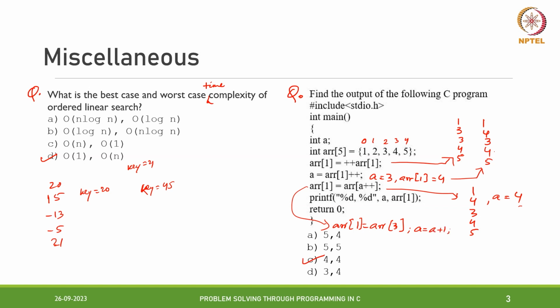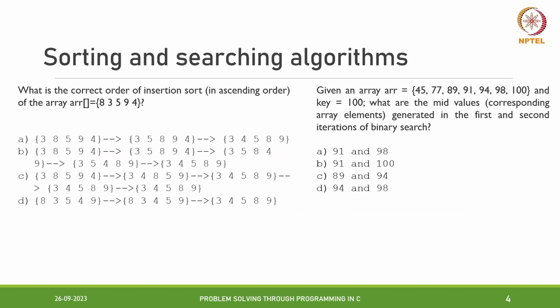So this is how this would happen, and this also would happen like this: a equals arr of 1 followed by arr of 1 equals arr of 1 plus 1. This is the order in which this would happen. All right. Let's look at the next question.